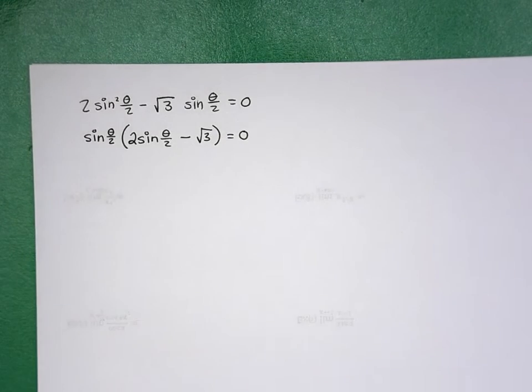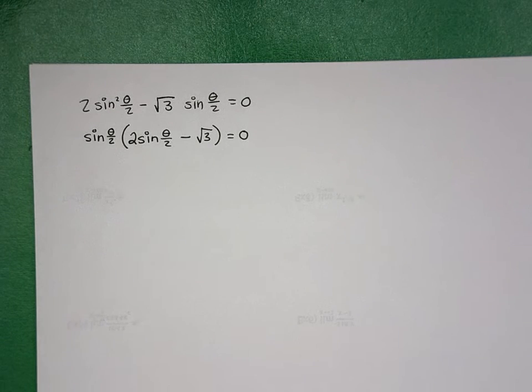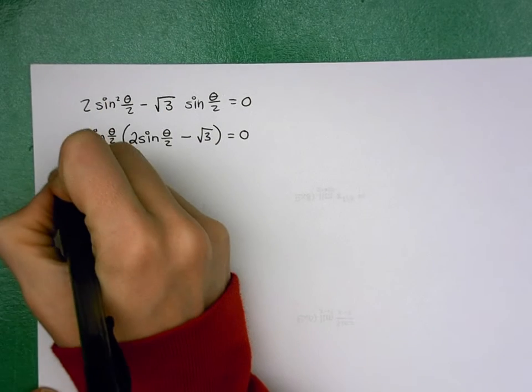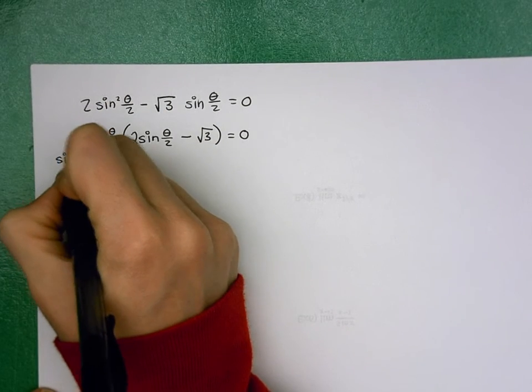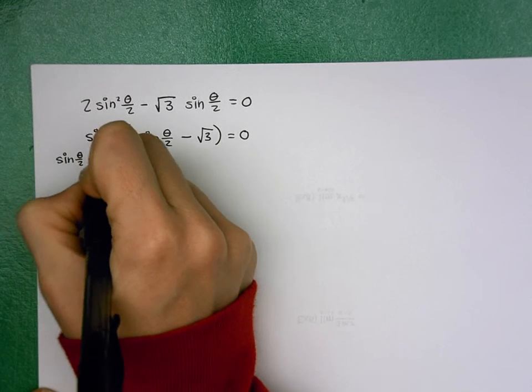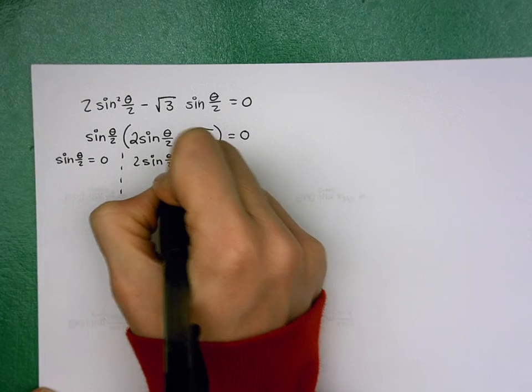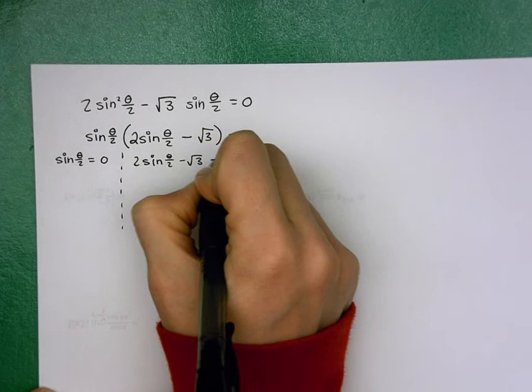Okay, so we're going to go ahead and now set each of these equal to 0. So my sine theta over 2 equal to 0, and my 2 sine theta over 2 minus root 3 equals 0.